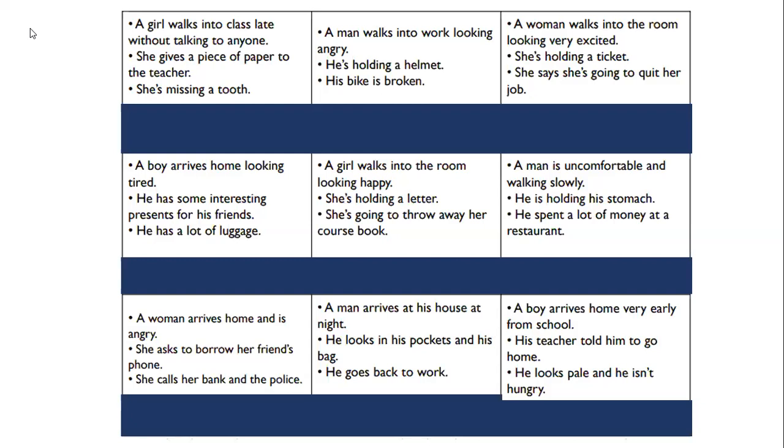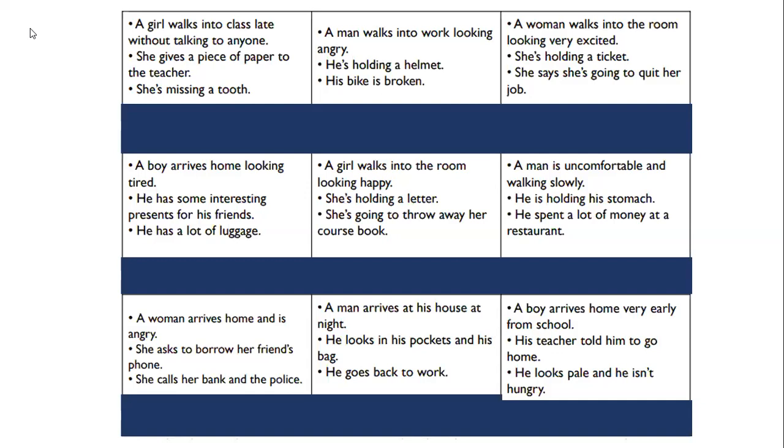Very good. Any other example? A woman walks into the room looking very excited. I said she could have won the lottery, and that was the reason she's holding a ticket and she's going to quit her job. Okay, very good.